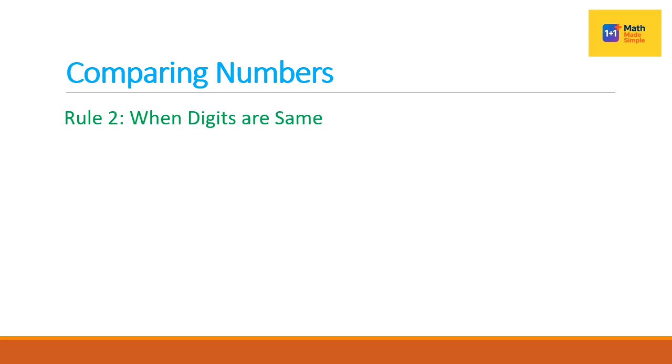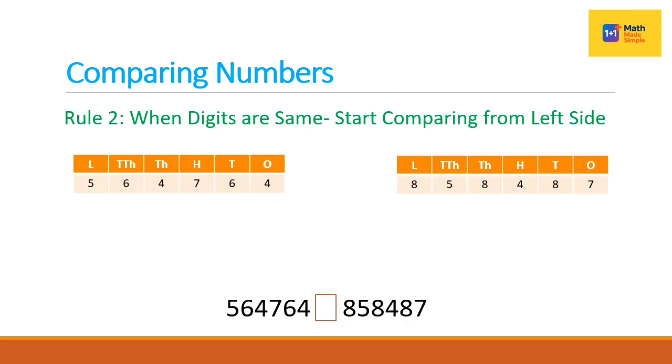Now, rule number 2 is when the digits in the number are the same, then we have to start comparing from the left side and move towards the right side. So if we take this example, there are these two numbers. Both the numbers have 6 digits. So we will start comparing the leftmost digit in this number, which is the lakhs place.